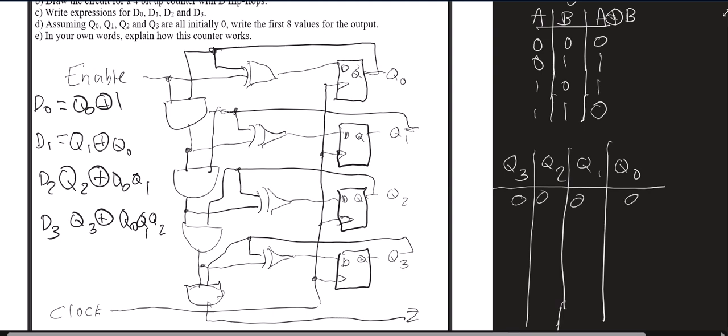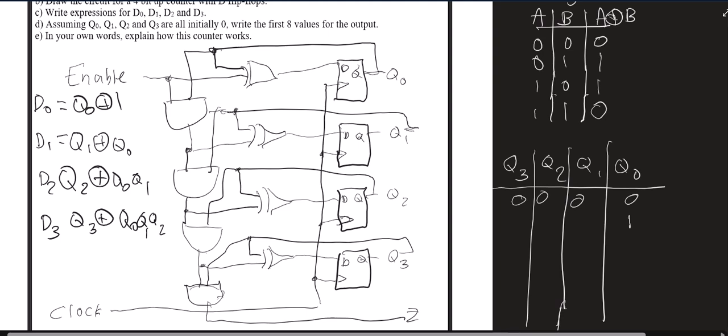So when we start, Q0 is 0. And if we look at D0, D0 is Q0, which is 0, exclusive OR 1. What is 0 exclusive OR 1? 1.